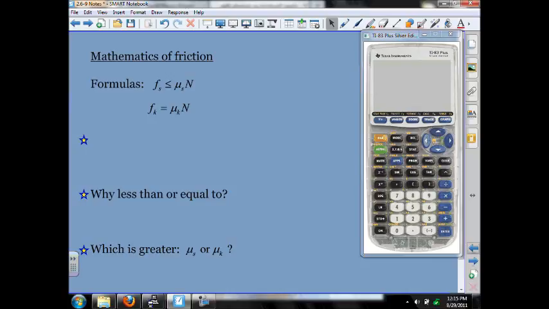So if I push this way with 1 Newton and it's not moving, the static frictional force is going to be pushing 1 Newton back, right? It's not going to be greater than what I'm pushing. If it's pushing back at 2 Newtons, then it's going to be moving you back. The friction's never going to do that until we reach that maximum value of static friction.